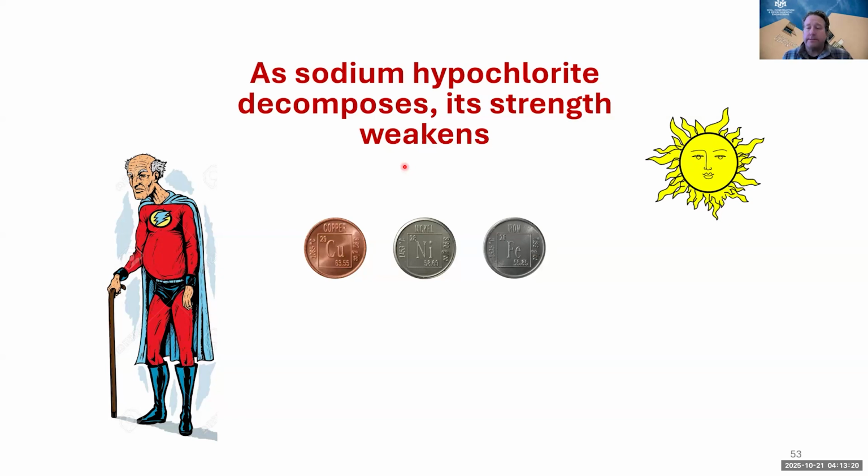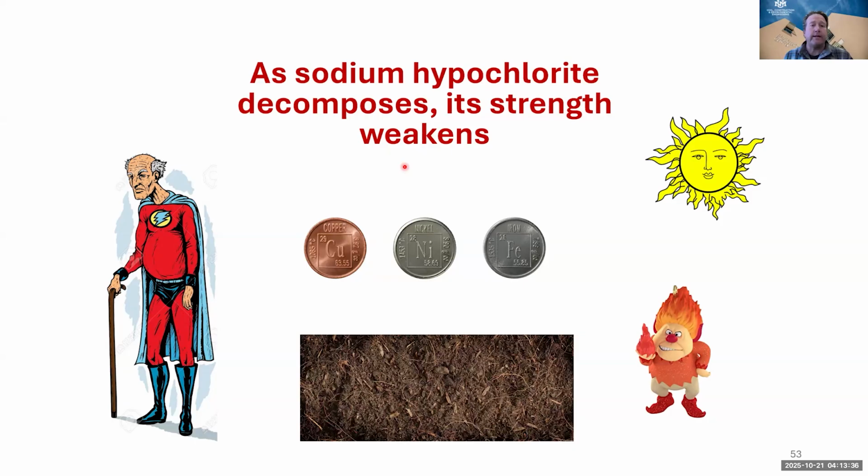UV light decomposes it, so we like to keep it in a room away from UV light. Heat, as we've talked about, definitely reduces its strength, and organic material can decompose it. So we want to maximize conditions so that our sodium hypochlorite lasts as long as it can.